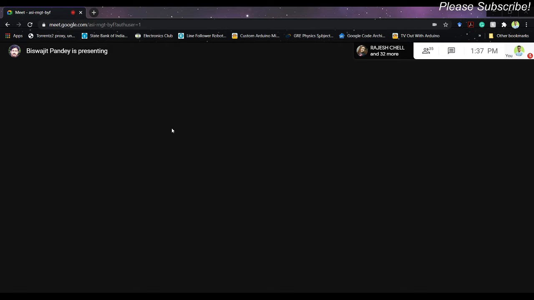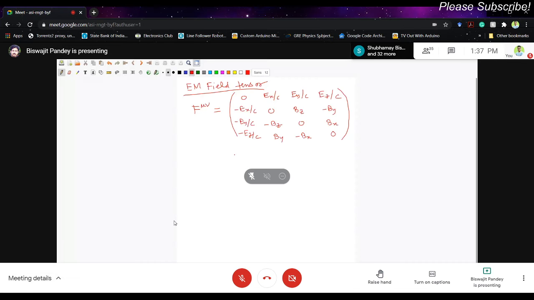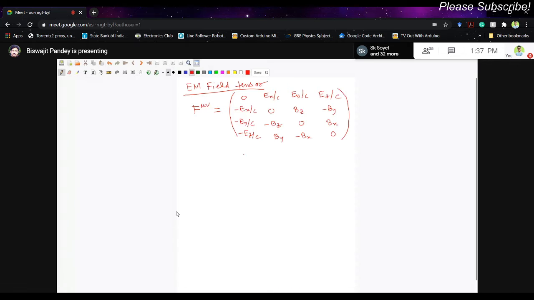So the electromagnetic field is completely described by this entity, which we call the electromagnetic field tensor. And when we refer to the field, we refer to the tensor, not separately to the magnetic field. As you already know, electric and magnetic fields are nothing but the components of this tensor.